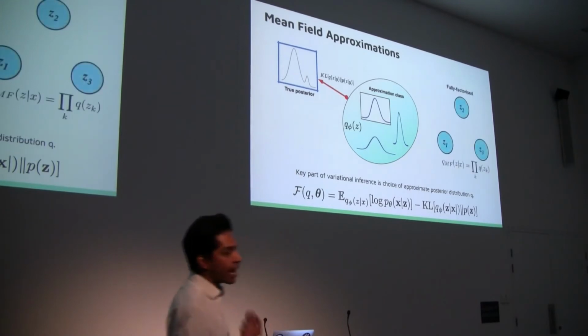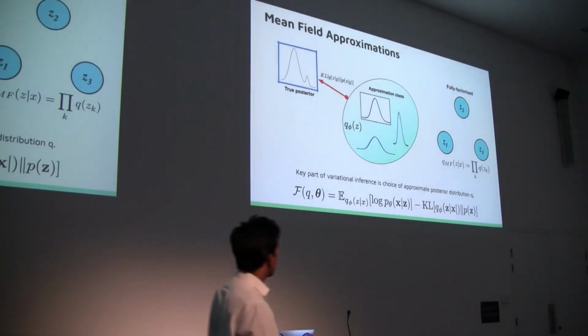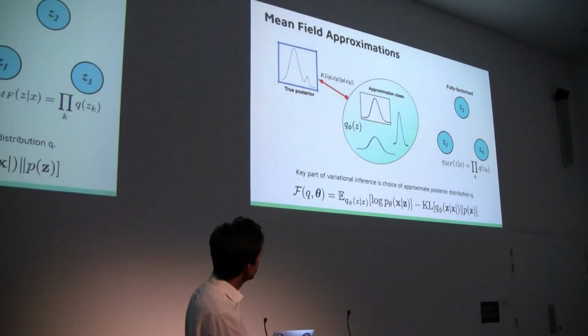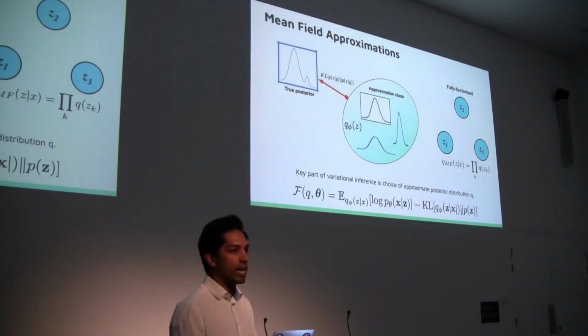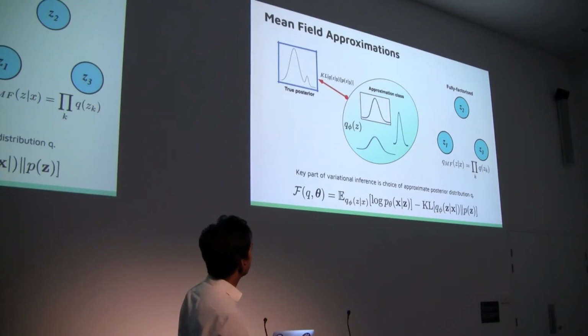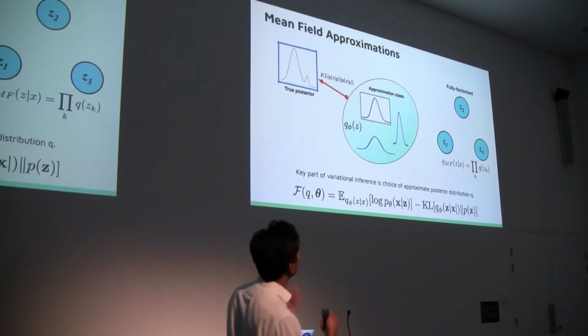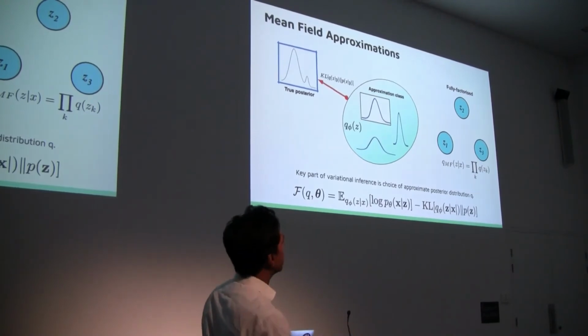When we did it for the diagonal Gaussian case, we had this fully factorized, or what we call the mean field approximation. So there's literally no dependency between any of the latent variables, and this is simple to do, especially for Gaussians. But we can do much more than this, and so we want to go beyond this kind of mean field estimation.